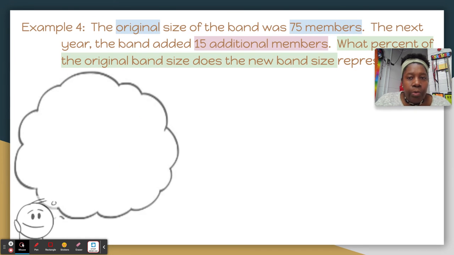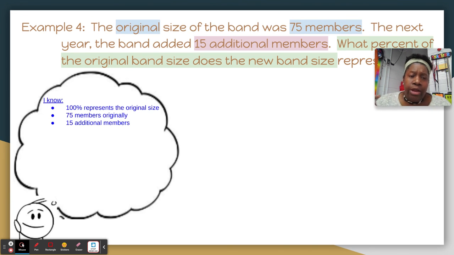Now, example 4. It says the original size of the band was 75 members. That's pretty big. The next year, the band added 15 additional members. What percent of the original band size does the new band size represent? So I've got to think about this. I know that 100% represents the original size.